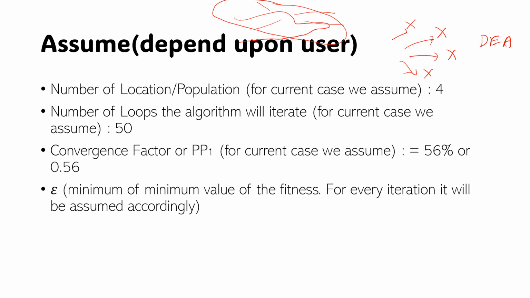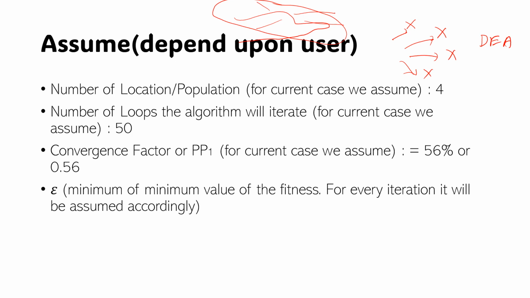But if you wish, you can generate more random signals, or random locations, also. If you generate more random locations, then your rate of convergence will increase. But it will also take a lot of computational space, and for that you need to use supercomputers. And as the requirement of computational space is very high, the rate of iteration will, after all, get reduced.